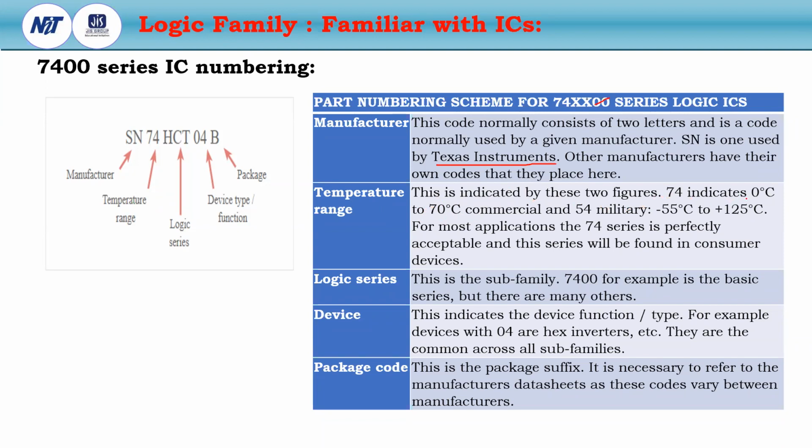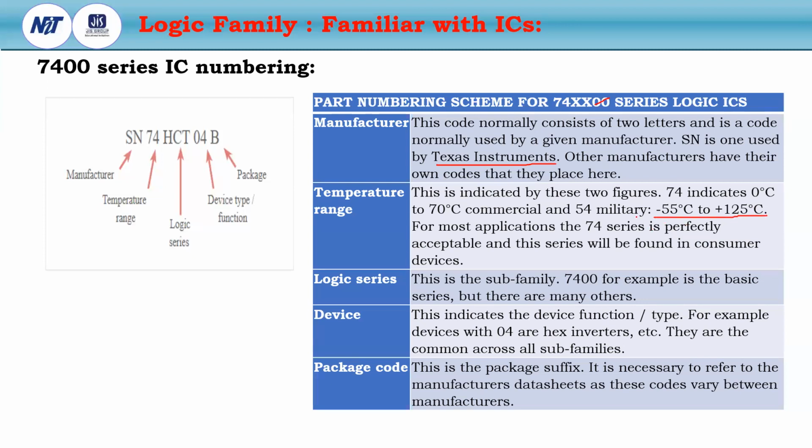That is, 74 indicates 0 degree centigrade to 70 degree centigrade for commercial use, and 54 is for military purposes, that means minus 55 degree centigrade to 125 degree centigrade. So 0 to 70 degree for commercial, and minus 55 to plus 125 degree for military.